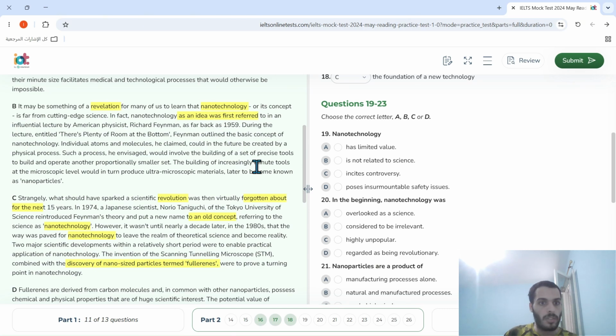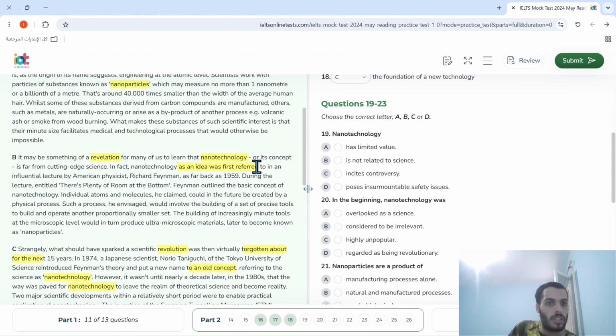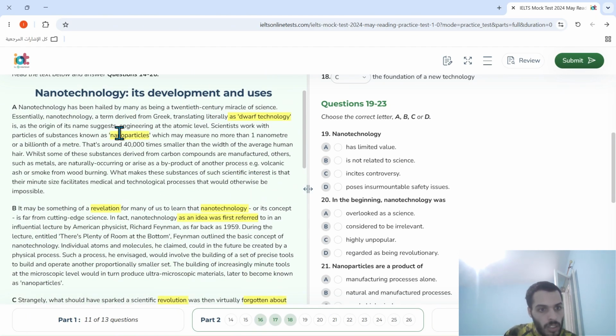Its concept and nanotechnology has had many influences, and the word derives from the Greek.